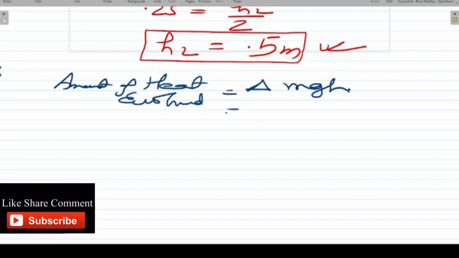The difference of both potential energies leads to the generation of heat. So this will be mgh2 minus mgh1.